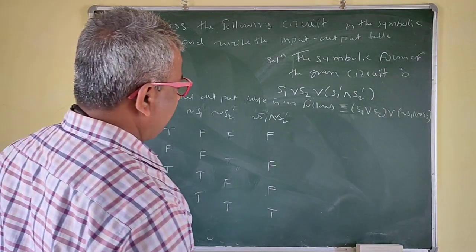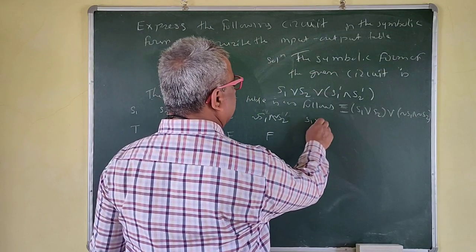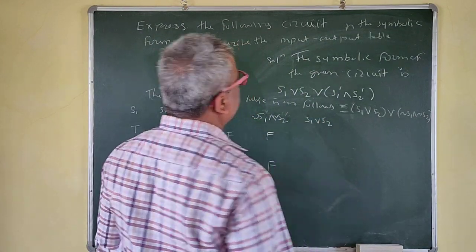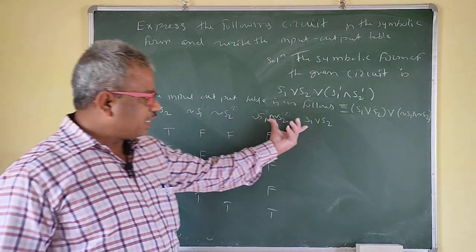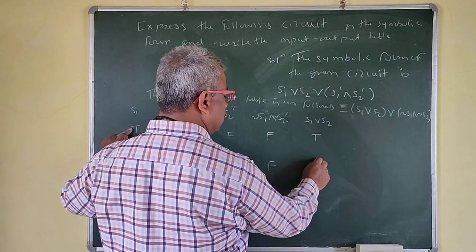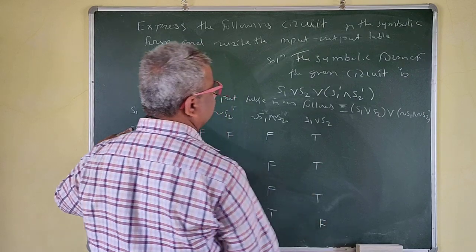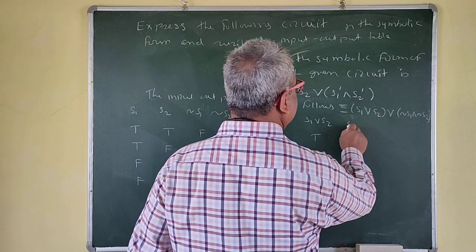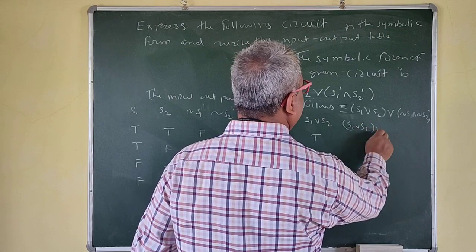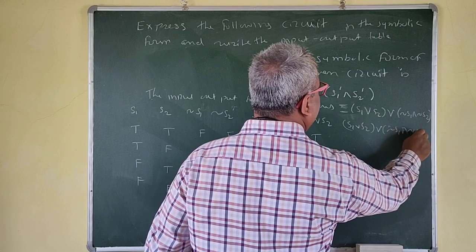Now we'll find S1 or S2 also. S1 or S2, we'll connect this by OR. T or T is T. T or F is T. F or T is T. F or F is F. Then S1 or S2 or negation of S1 and negation of S2.